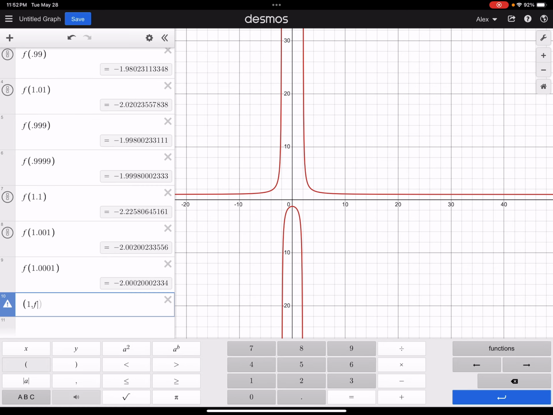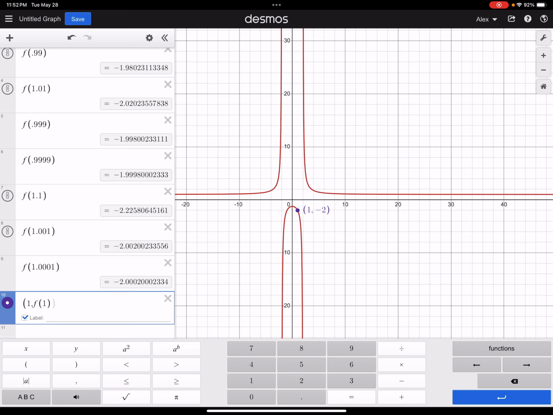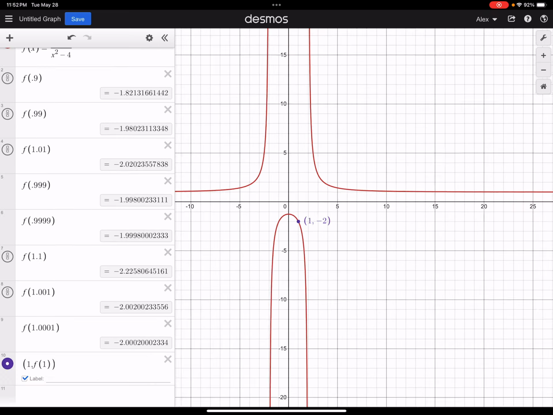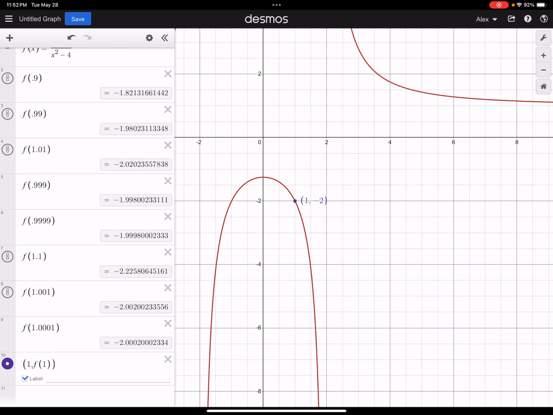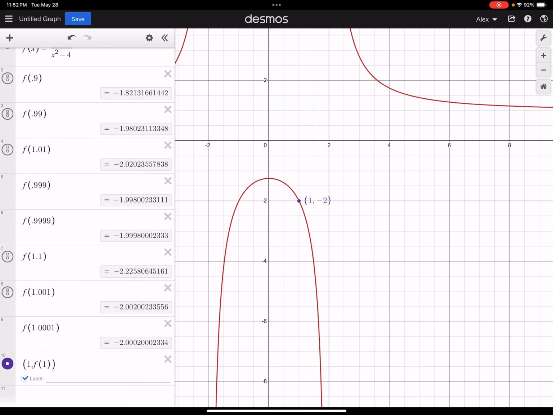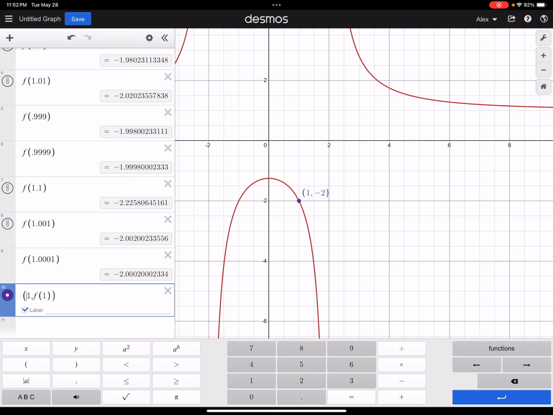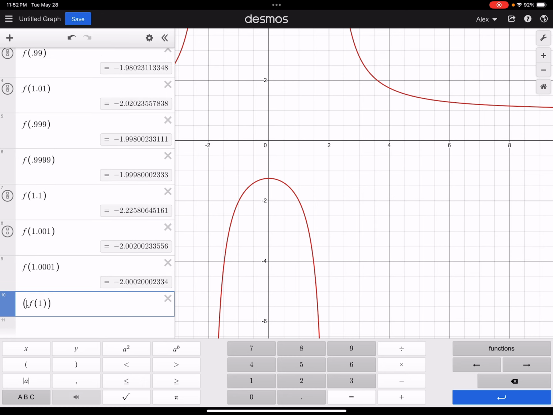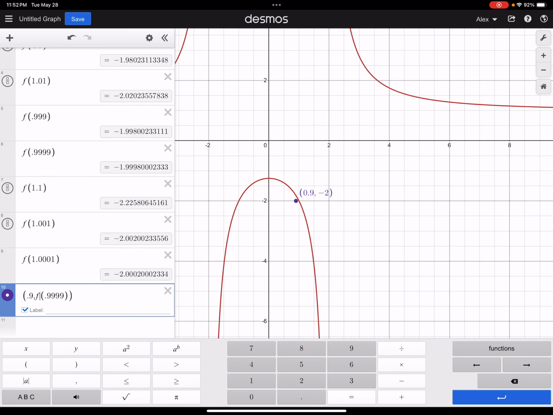Now remember, we're not actually considering f of 1, but we just want that rough area. It sure looks like we're getting close to things, right? So if I, for example, change 1 to 0.9, see how we're just getting arbitrarily close?